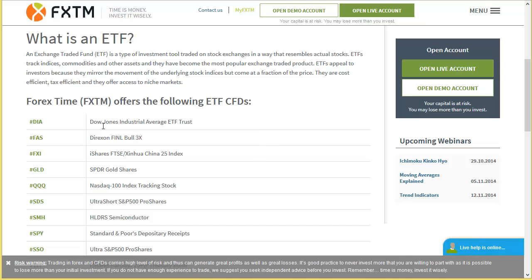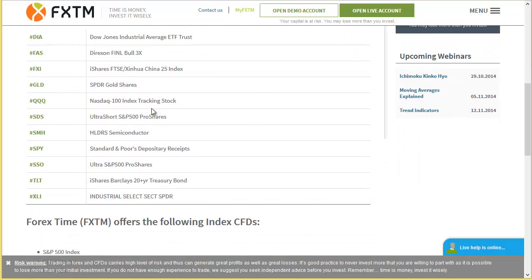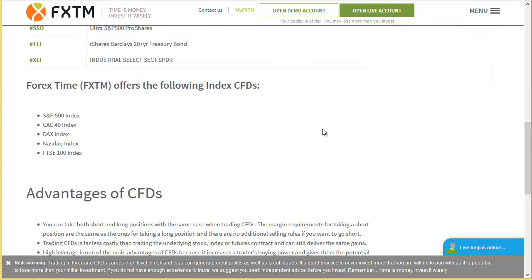But for example, these ETF CFDs, you've got these bull three times. There's the DIA, which is pretty common, and the triple Qs, which traces the NASDAQ 100. It's just a way to basically play the NASDAQ 100 by simply taking advantage of the ETF itself.